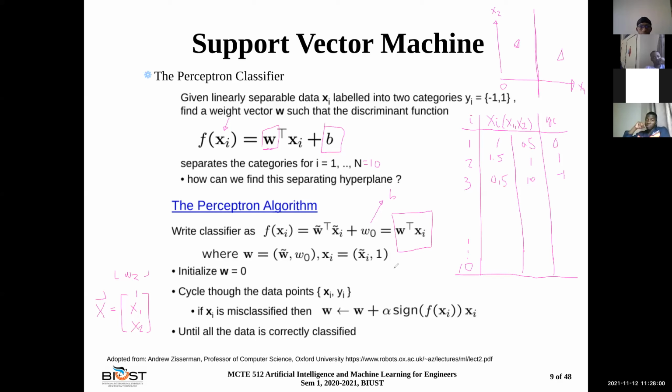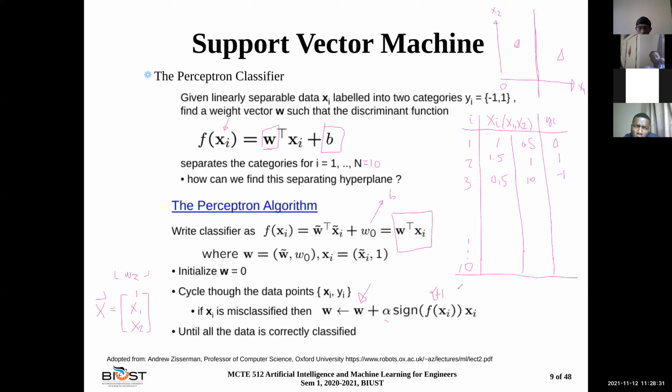We want to use this kind of iterative classification where you initialize your W, and you add some learning rate multiplied by the sign of the value of Xi. If it's greater than or equal to 0, that's a positive 1. If it's less than 0, it's a minus 1.